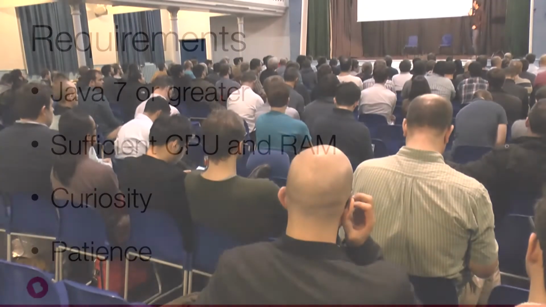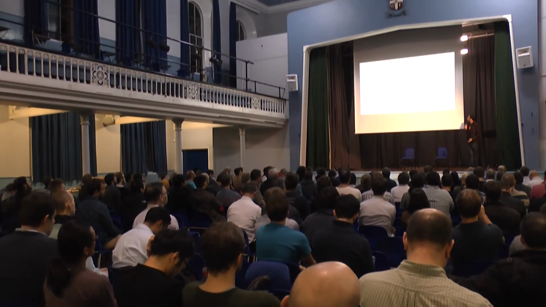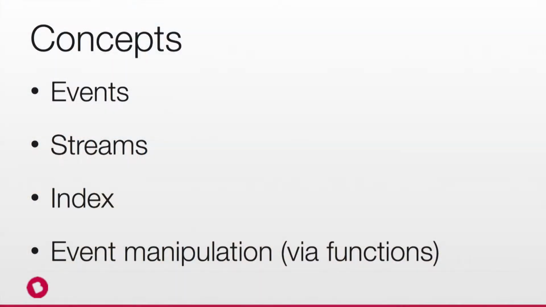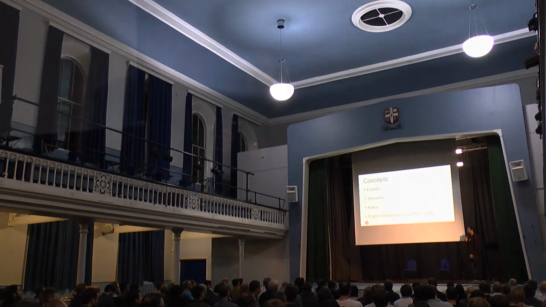Everything that is fed into it is an event, and the source of all events are streams. It does allow you to persist events in an index, and it allows you to change things around and send them to different streams. All you have to do is write small functions that manipulate data. It's not a terribly large amount of work.